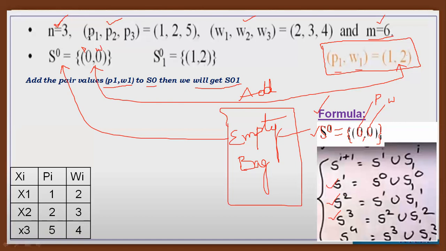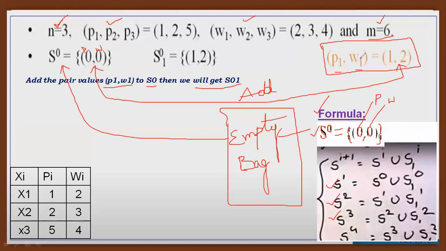Now assume that I fill the bag with item 1. When I fill the bag with item number 1, you need to compute the value of S power 0 base 1. So how to compute the value of S power 0 base 1? You can apply the formula, that is, add the pair values P1 W1 to S power 0.